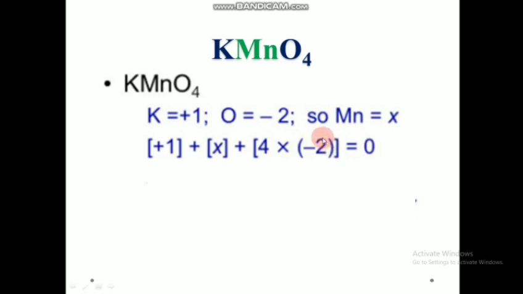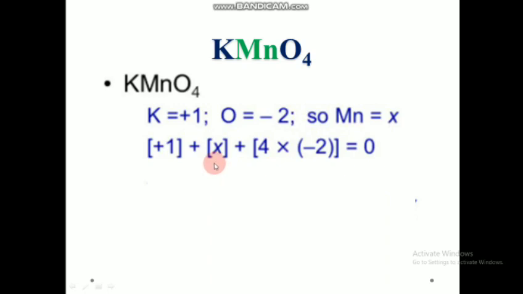One oxygen has an oxidation state of -2, and there are 4 atoms, so we are taking 4 into -2. The sum of the oxidation states of all the elements will be equal to 0. Hence we can find out the oxidation state of manganese here.